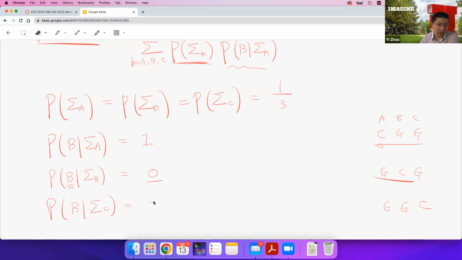Okay, for this one, I think I need to rethink. I need to think about this for a little bit. I think there are some misunderstandings here. I think the notes should be correct, but somehow I didn't get it now.